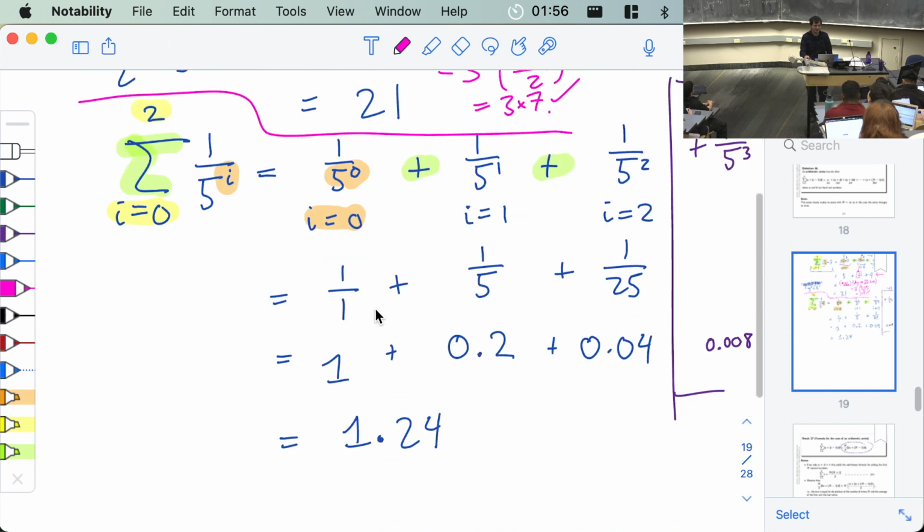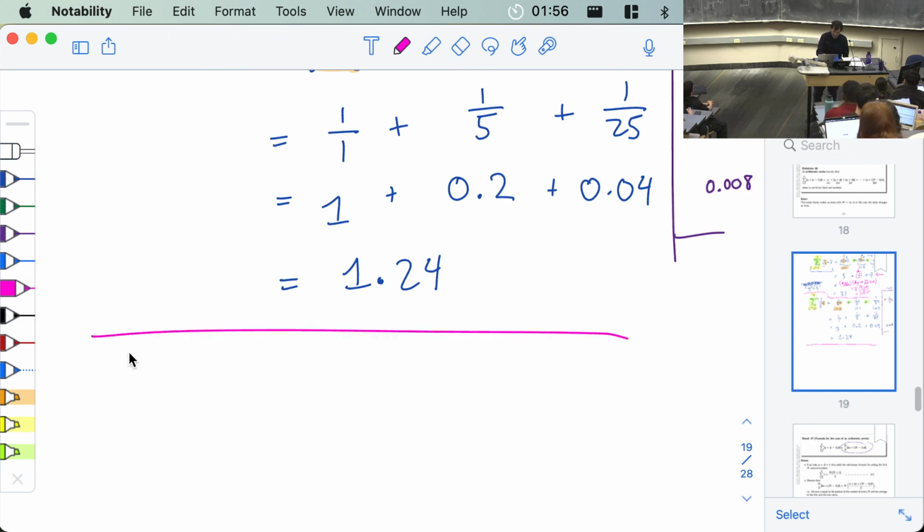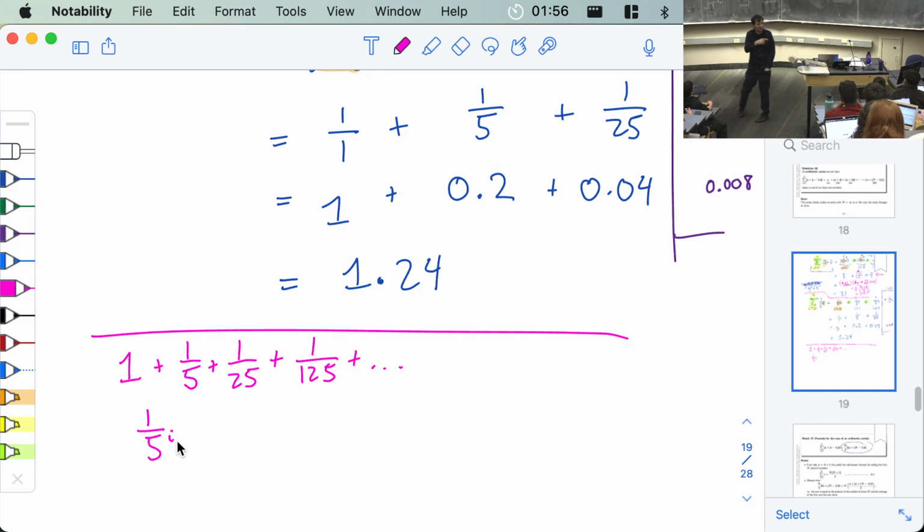What about this thing, the sum of 1 over 5 to the i? Well, last class, we talked about these limits. It turns out that if you do this sum, 1 plus a fifth plus 1 over 25 plus 1 over 125 plus dot, dot, dot, and this is the sequence 1 over 5 to the power i, this is exactly one of those Mr. Beast things.